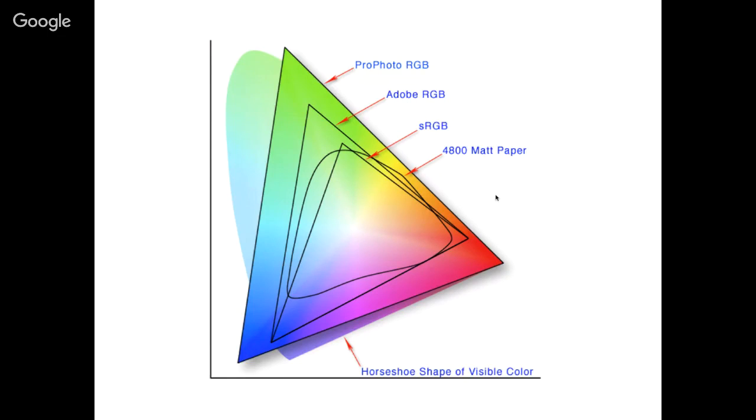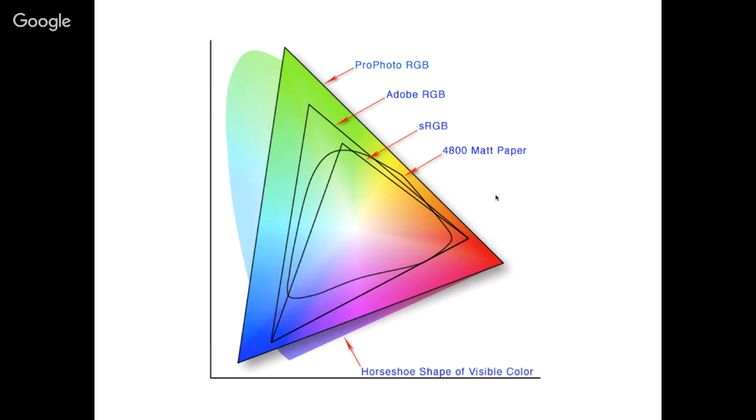The reason the matte one is so squiggly here is that this is organic. This is actually an organic response. This is a measured response of the 4800 printing on matte paper. So it's not going to have these perfect straight edge sides, but because these are theoretical spaces that are created by math, they are exactly perfect triangles.